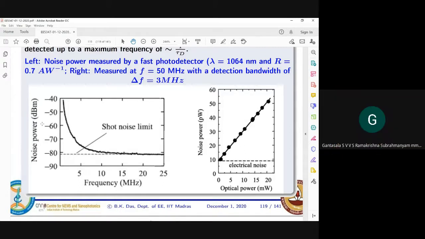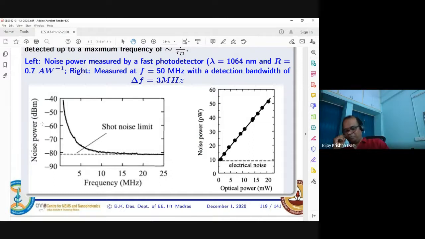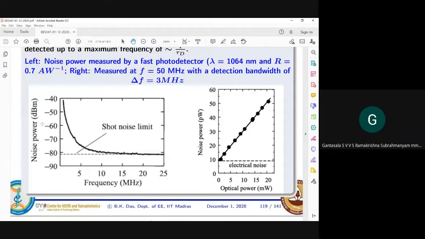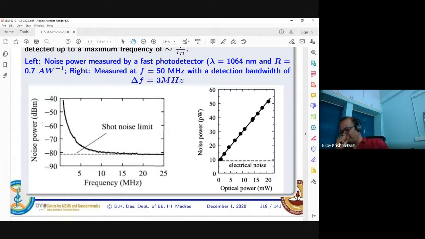Yes, sir. You know what is dBm? I think it's 10 log power. Shashank? I don't know. Suppose 1 watt, I ask you to convert into dBm. How much dBm will be there?